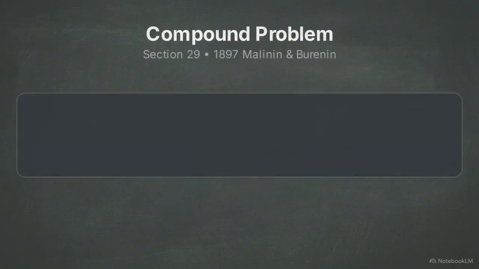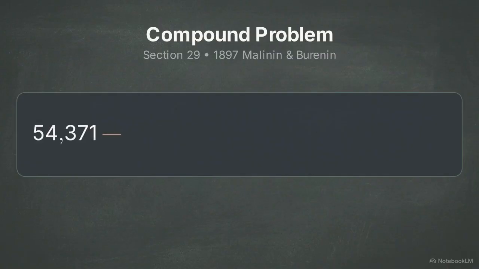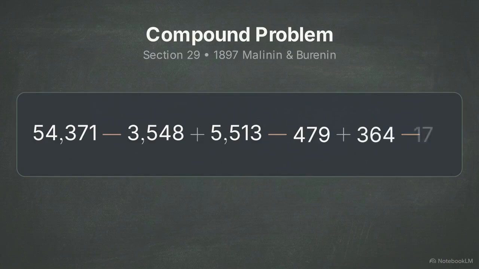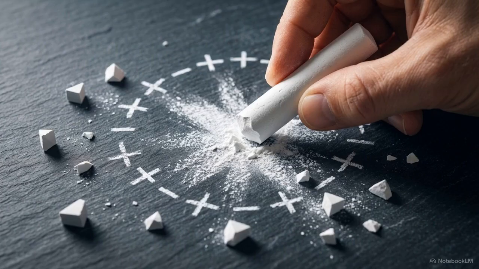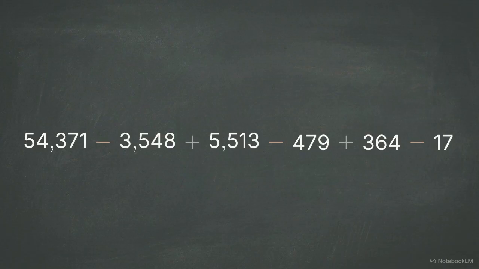Section 29 provides a compound problem, 54,371 minus 3,548 plus 5,513 minus 479 plus 364 minus 17. Solving this sequentially forces the solver to switch cognitive modes back and forth between adding and subtracting, increasing the chance of an error. Applying the arithmetic complement transforms the chain.